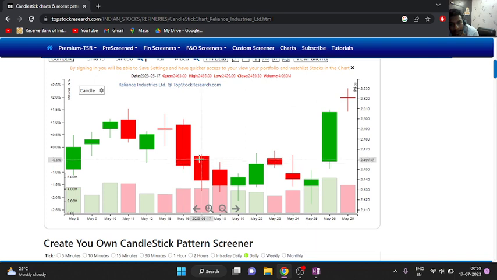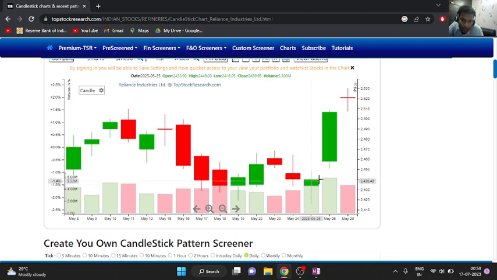Again next day it tried to recover, then it went down, tried to recover, it went down. Next day it opened up here, recovered, opened up here, more recovery, opened up here, like a good gap, but well, people sell it off because of demand and supply. So here we see a big candle. This is a good gap.